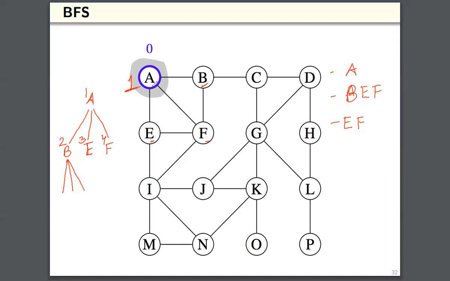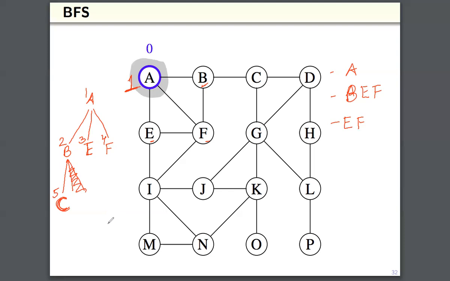What about F? Also visited. So we cannot add A, we cannot add F. So the only option for B is C. Correct? C, so we mark C with 5.